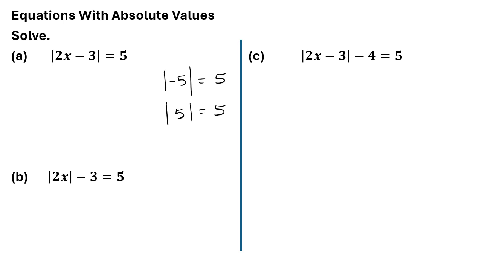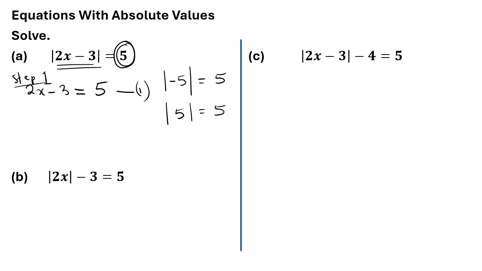What we're going to do here is take the expression inside the absolute value symbol, 2x minus 3, and set it equal to 5 first. That's step 1.